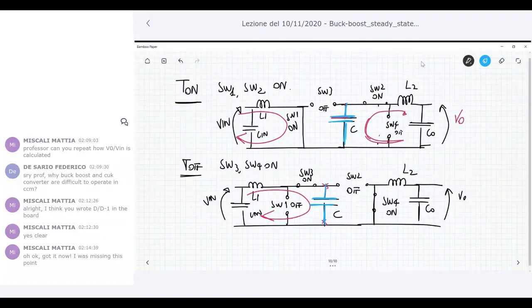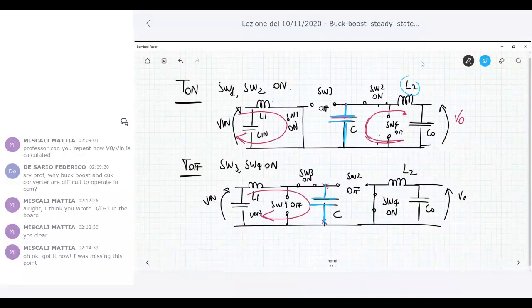Now the capacitor C is connected to the input. So instead of looking at what happens to the inductor, we can distinguish a charging phase of the inductor here, but we can recognize here a discharging phase of the inductor. So we have to focus our attention not just on the inductance. By the way, we have two inductors, so which one do we have to consider? It's not easy to say.